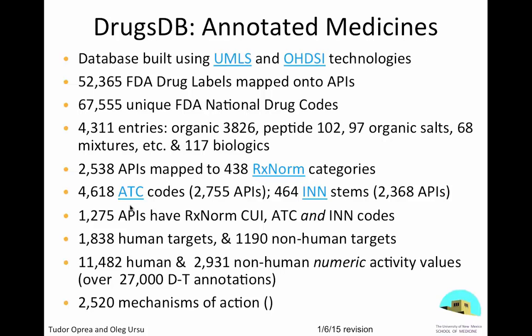The definition of a drug depends on whether you talk to a pharmacist or to a chemist. And yes, in the UK, a chemist and a pharmacist are the same thing. But if you talk to a physician or a pharmacist, a drug is a pill. To a chemist, a drug is a molecular structure. So we had to develop a tool that would actually map drug labels onto these active pharmaceutical ingredients.